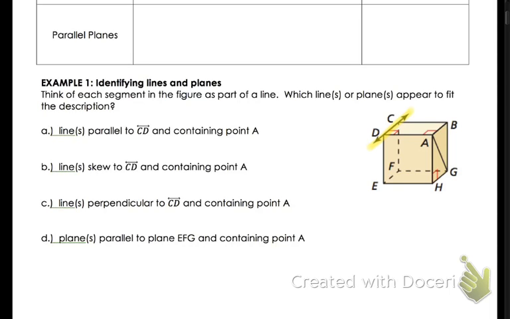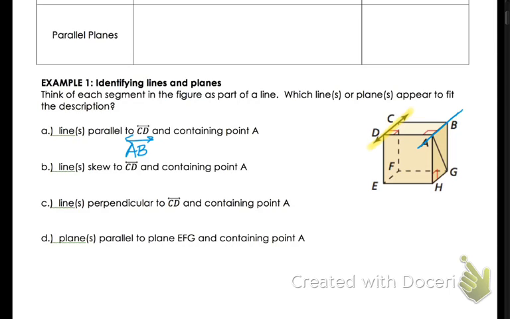We want lines that are parallel to that and contain point A. The only one that would be would have to be right here. So what is that? Line AB. Those would be the only ones parallel that contain that point.